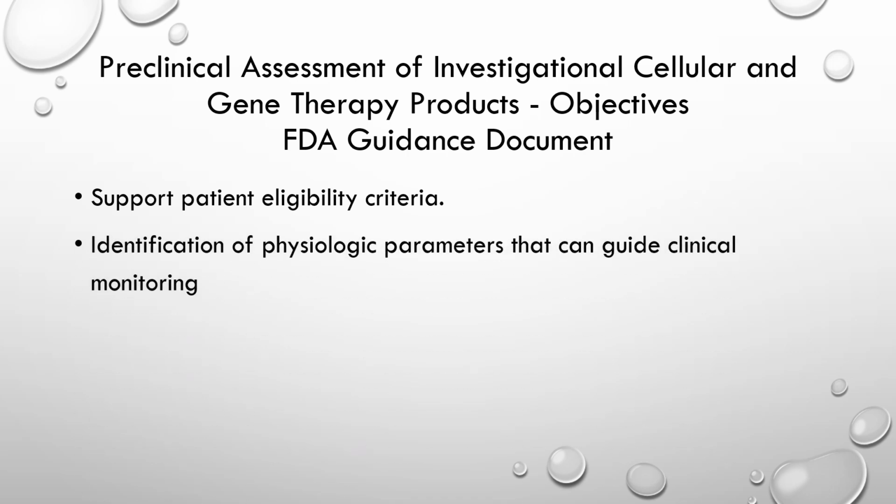And your parameters that can guide clinical monitoring. For example, your IL-6 amounts in the blood will give you an indication with regards to cytokine release syndrome, not ICANS, and your on-target off-tumor toxicities in terms of the distribution profile of your antigen. The biomarkers that are present can guide you with monitoring in your clinical trials.